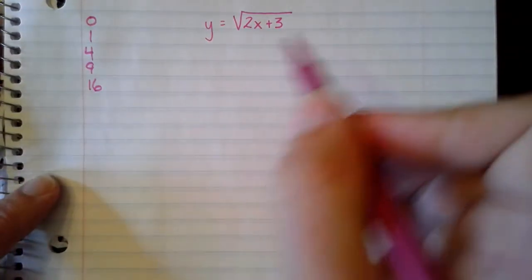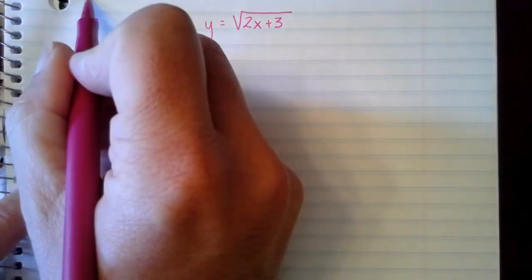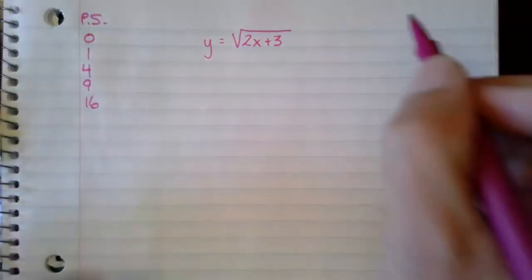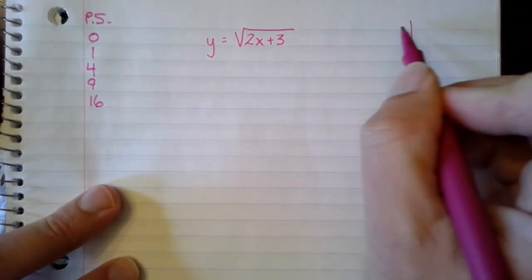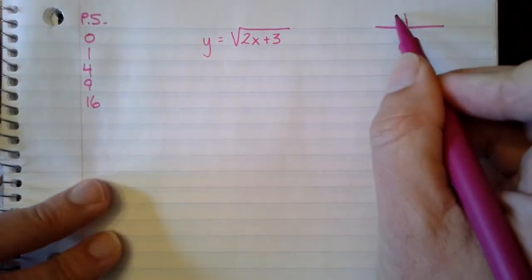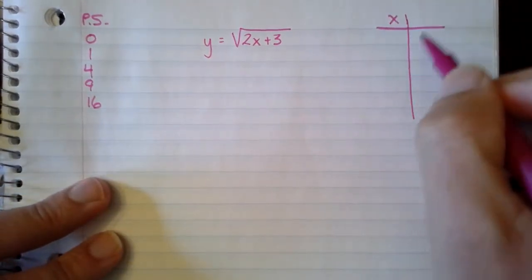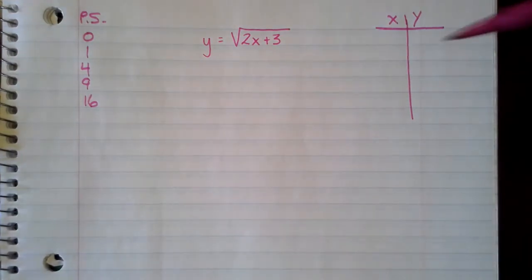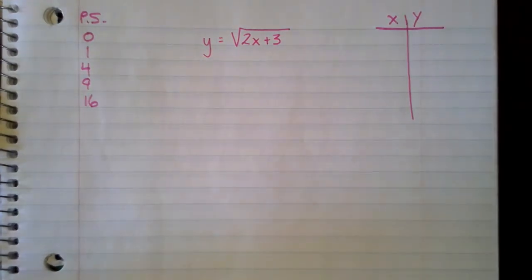In order to create our table, I'm just going to put PS for perfect square. Here are my perfect squares. Over here is where I'll make my table. These are going to be my inputs, the ones I'm going to input, and this is going to be the output. Now, I want my outputs to be perfect squares, so this is a little bit backwards.